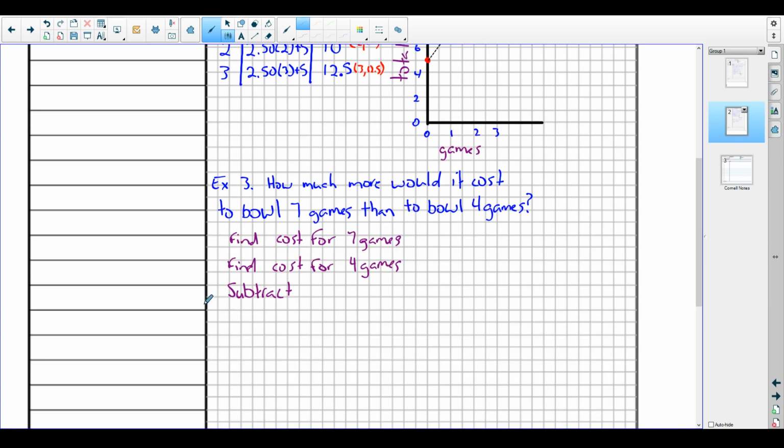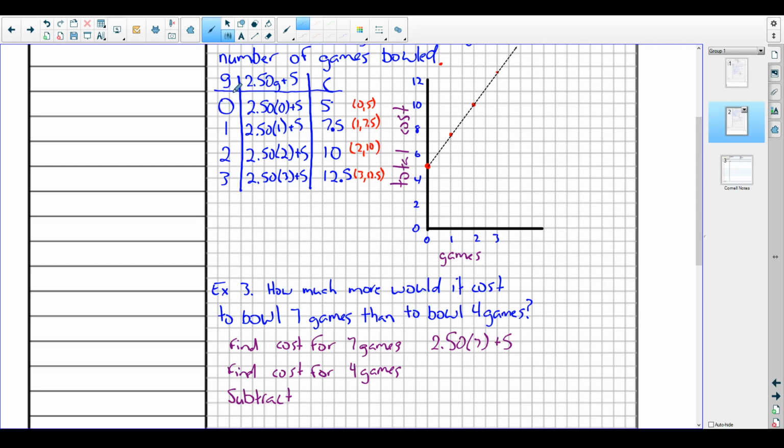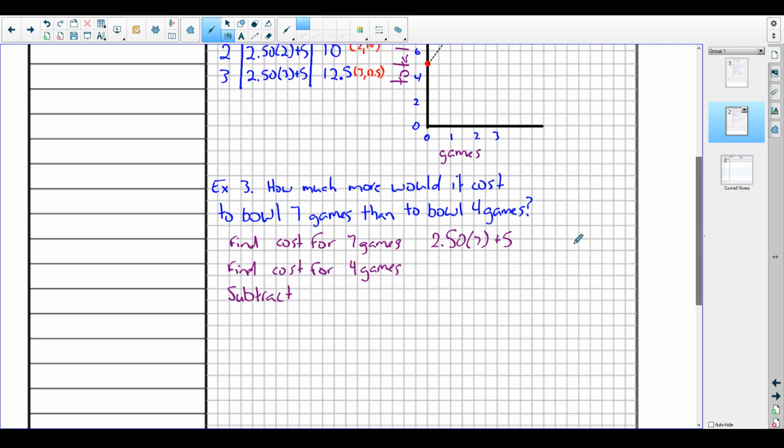So it's our same equation as before. So the cost for 7 games would be 2.5 times 7 plus 5, right? Because it's still the same rule. The cost for 4 games would be 2.5 times 4 plus 5. And then we can do this math.